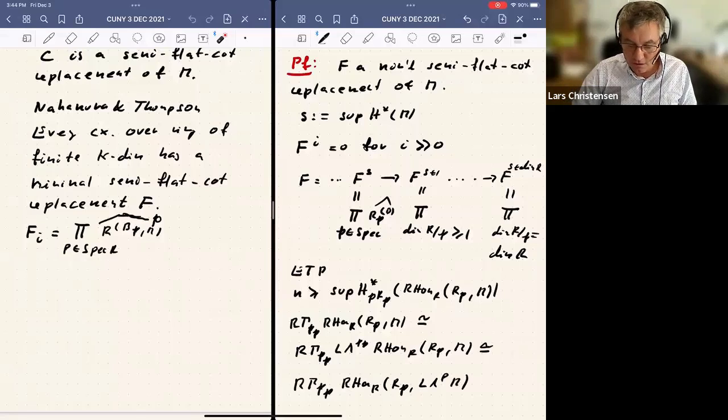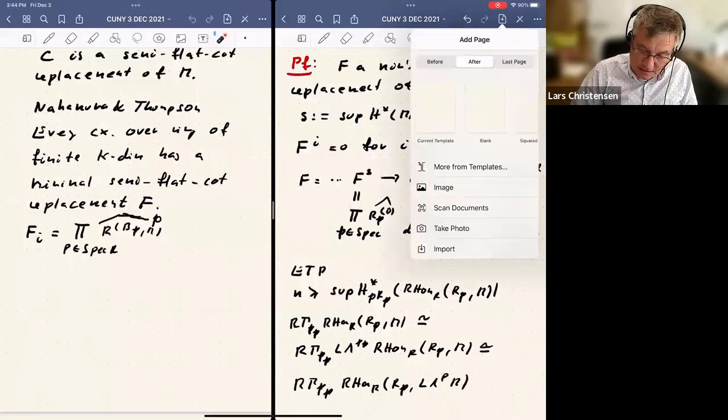So the completion locally at the maximal ideal of R_p of this R_p complex is the same as the co-localization of this thing where I've completed over R at p. Those two things are the same.